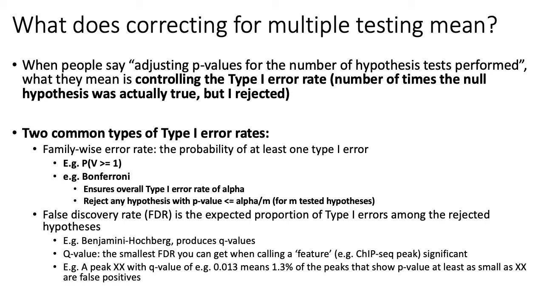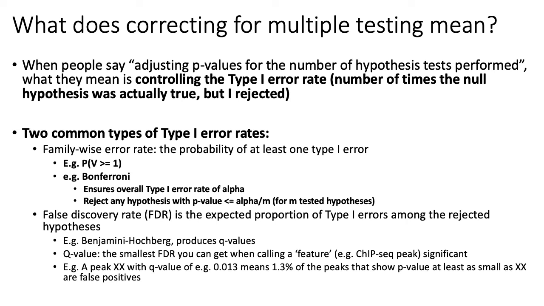And so when you report a Q value that's less than 0.05 and you reject the null hypothesis, what you're essentially saying is, well, of all the tests that I do, if I reject null hypotheses where Q was less than 0.05, then I expect that basically 5% of the null hypotheses that I rejected were actually true. And so this is basically another way of saying, well, I'm okay with having false positive rejections because I want to make sure that I don't have too many false negatives.